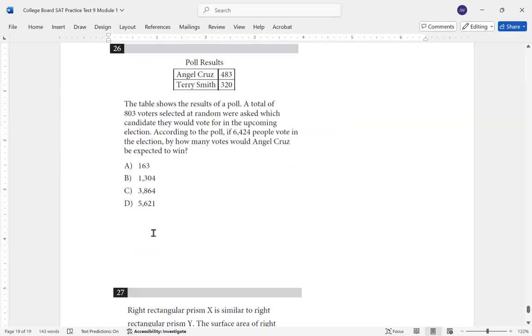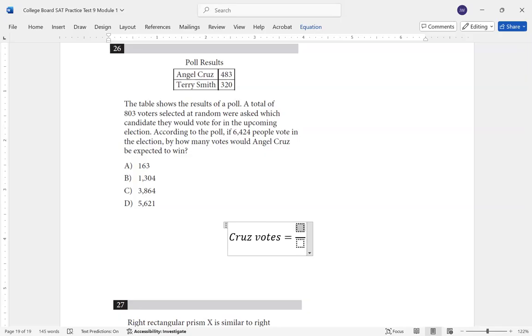Let me start there again. If this poll is right, then the number of votes for Cruz should be the proportion of what we think Cruz should get. Based on this poll, Cruz should get 483 out of every 803 votes.